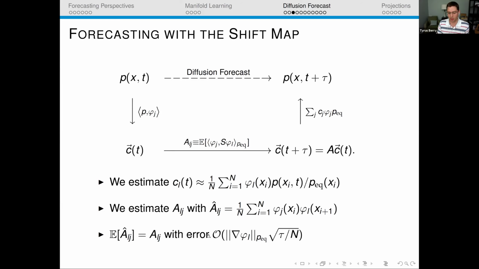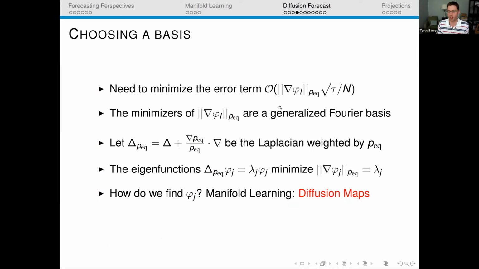What you can show is that they're unbiased estimators, but they have an error that depends on the gradient of the basis functions that you chose. So it's a natural choice to minimize the gradient of the basis functions. That's one way to go about choosing your basis: you want to minimize the gradient, and you can do that by choosing eigenfunctions of an appropriate Laplace operator. And so that's one way to motivate choosing a basis.